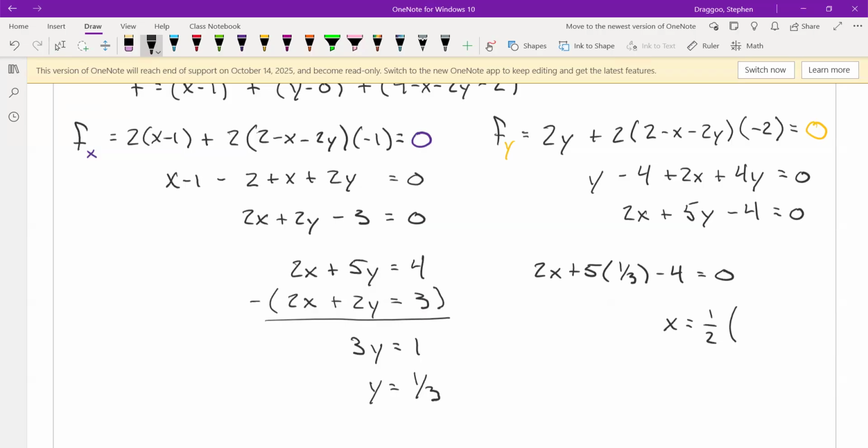Figure it out. 5/3 minus 4 is 5/3 minus 12/3. 5 minus 12 would be -7. Add it to the other side, it becomes +7. So 7/6, if you buy that.